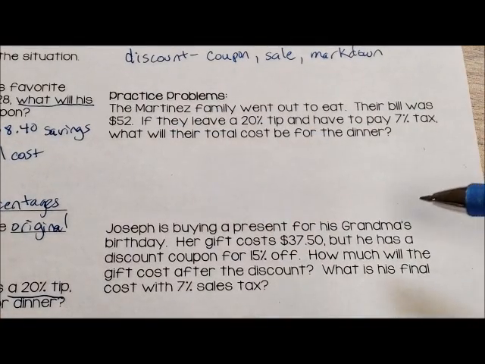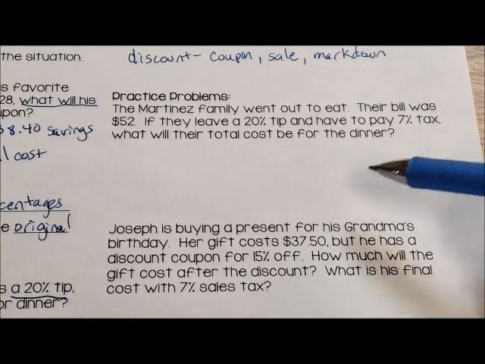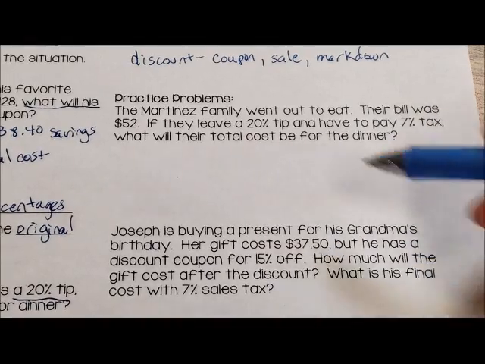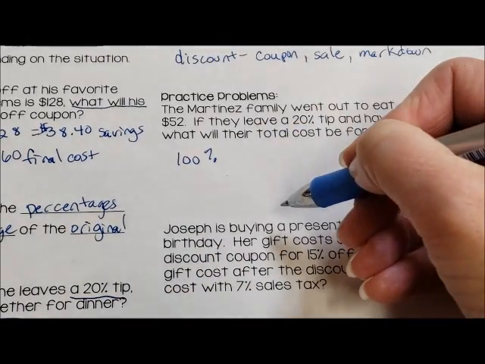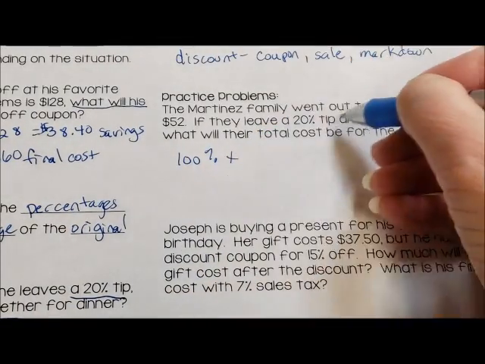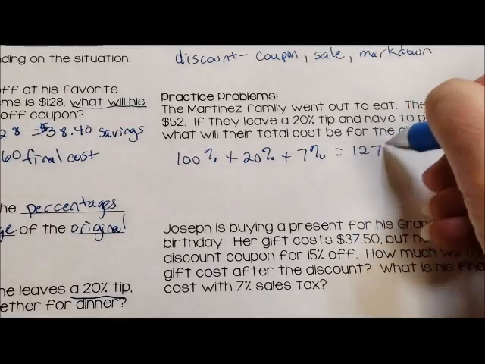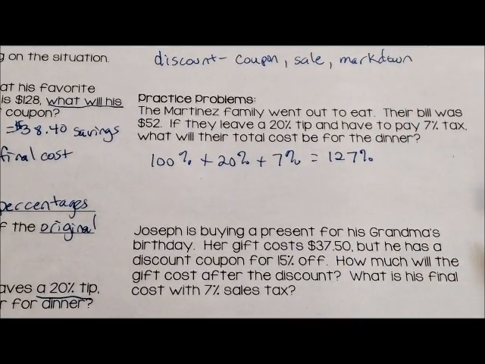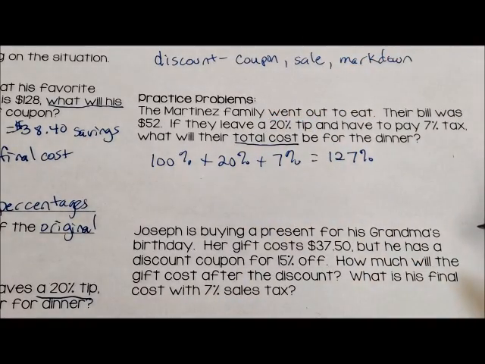So to me, this seems like a problem where it's going to be a little more straightforward to go ahead and combine all of these percentages and find that total percentage of $52. So I've got the original amount of the $52, that's going to be represented by 100%, plus the 20% tip, plus the 7% tax means that really altogether they're paying 127% of their bill as their total cost. Because notice it says it's asking for total cost.